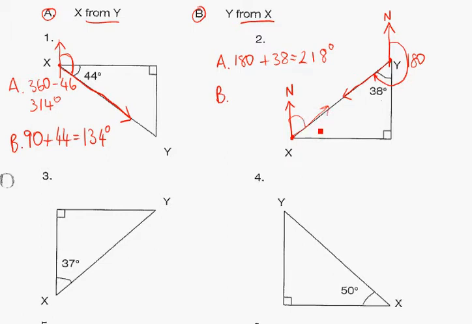Now there are a couple of ways we can do that. We could find that angle in there, 90 minus 38, which gives me 52. And then of course 90 minus 52 gives me 38 here. But also you might remember a rule to do with angles and alternate lines, parallel lines.